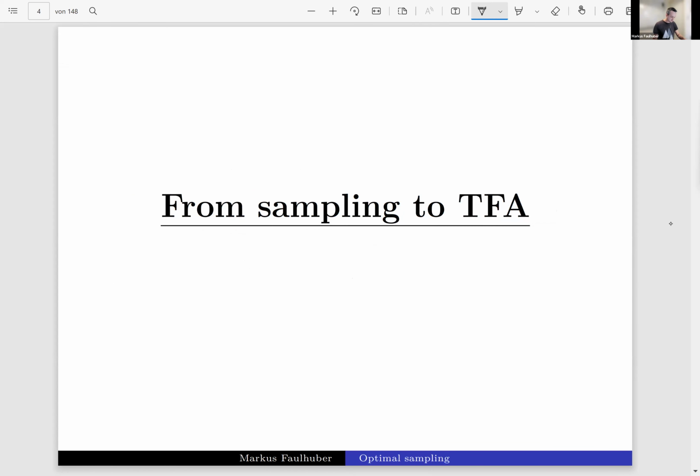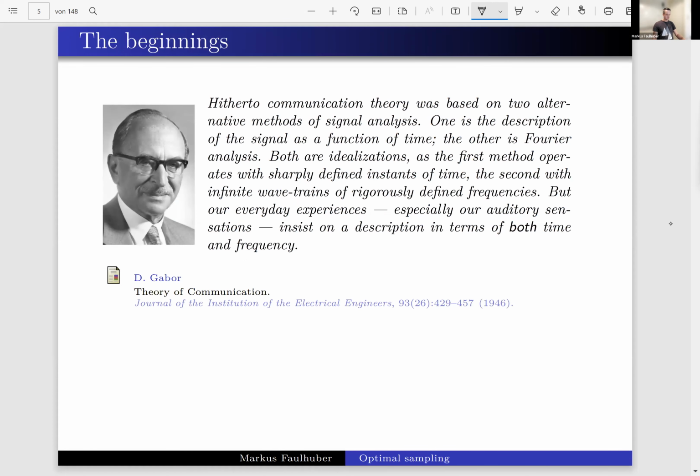Okay, but let's start from the classical sampling theorem and go all the way to time frequency analysis. We will be talking about certain structured function systems which have already been studied by Dennis Gabor as early as 1946. That was around the same time that Shannon worked on his theory of information.